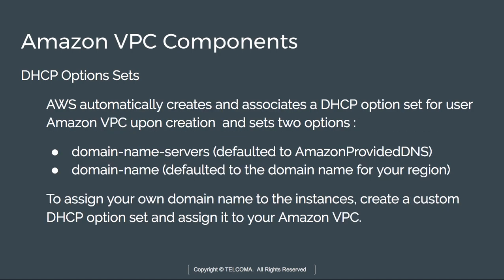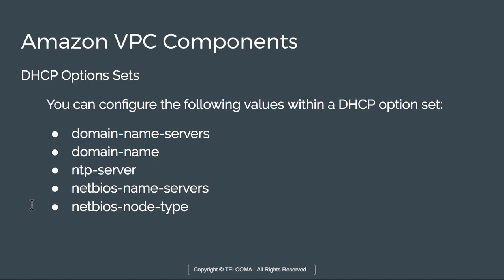So AWS automatically creates and associates a DHCP option set, which is domain name server and domain name as per the region. Again, we can configure the values in the option set, like we can configure domain name servers, domain name, NTP server, and NetBIOS name servers, and also its node type.